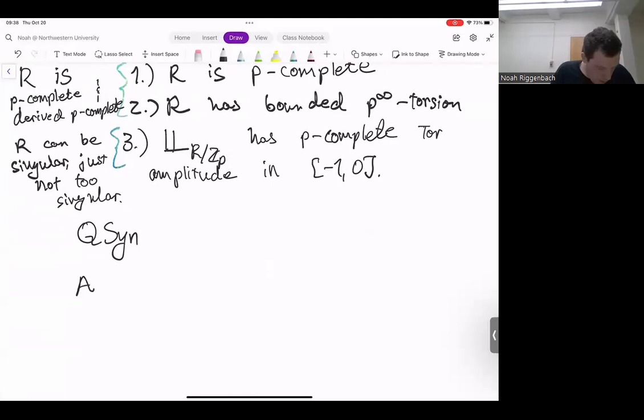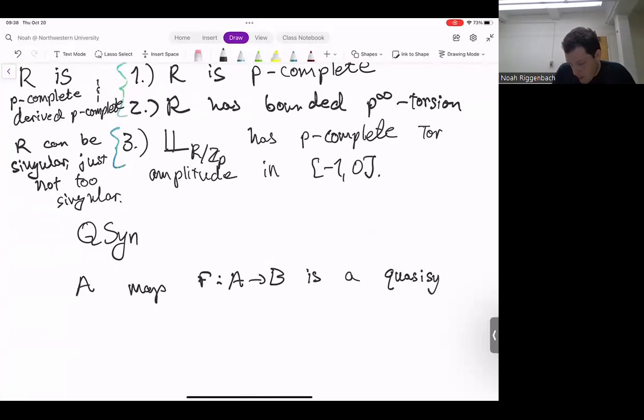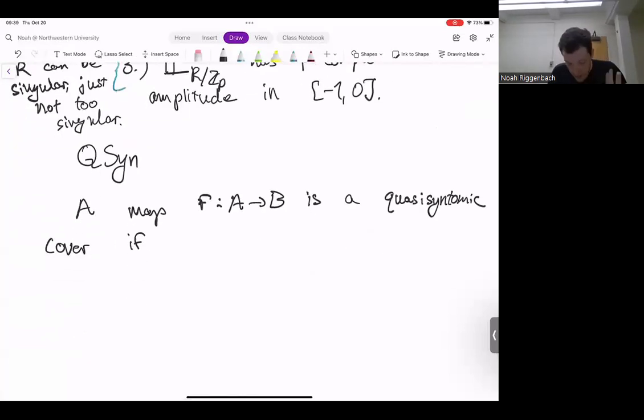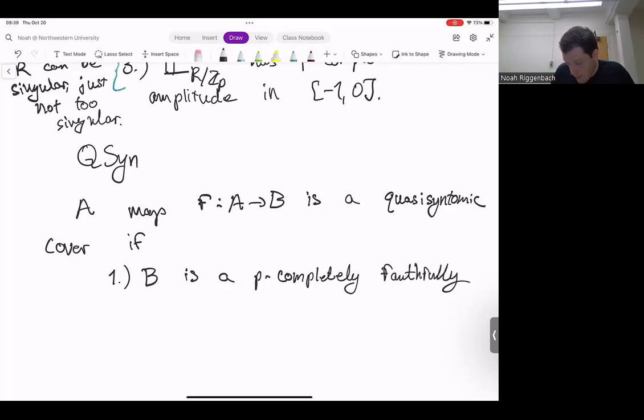So a map f from A to B is a quasi-syntomic cover if, well, first of all, B is a P completely faithfully flat A module.